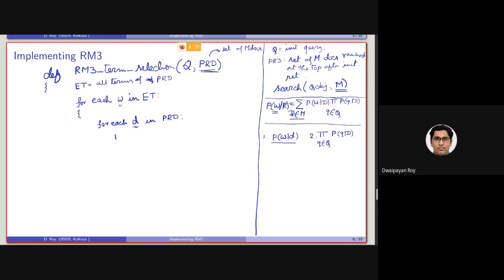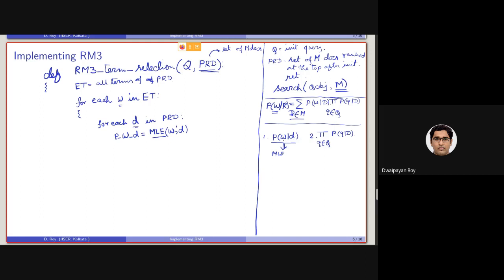Let's say we have a variable called P_W_D, which will be the maximum likelihood estimate of the word W in the document D. The way we'll be approximating this probability is using MLE, considering D as an urn having a set of balls.